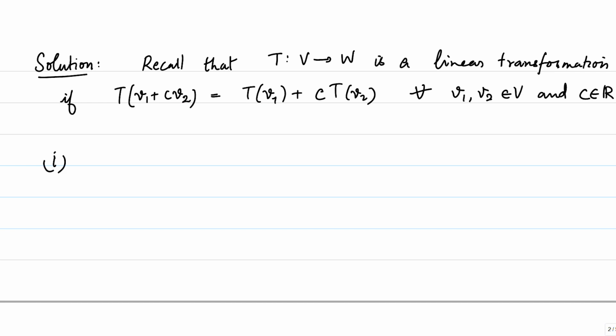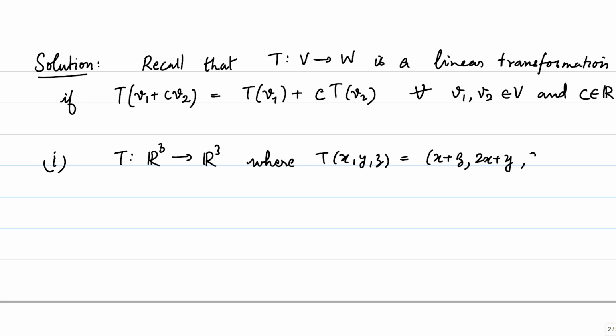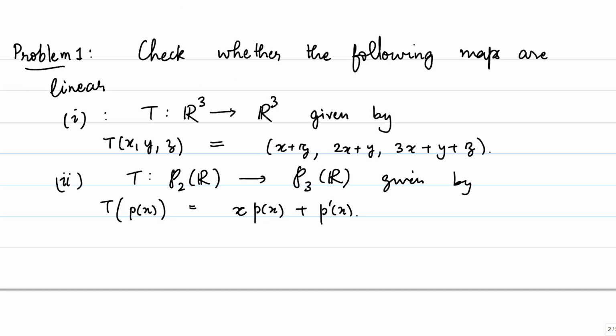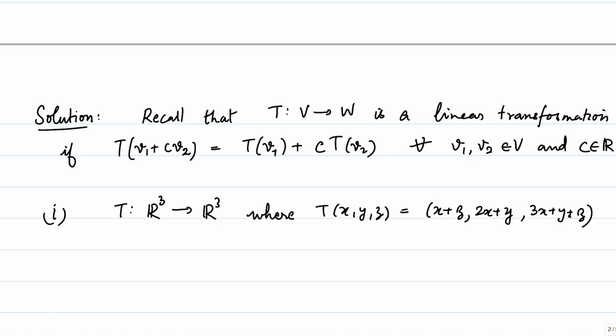So for the first one, what was the map? T was from R3 to R3, where T of (x, y, z) was equal to (x plus z, 2x plus y, 3x plus y plus z). Let's just go back and check if I have written it correctly.